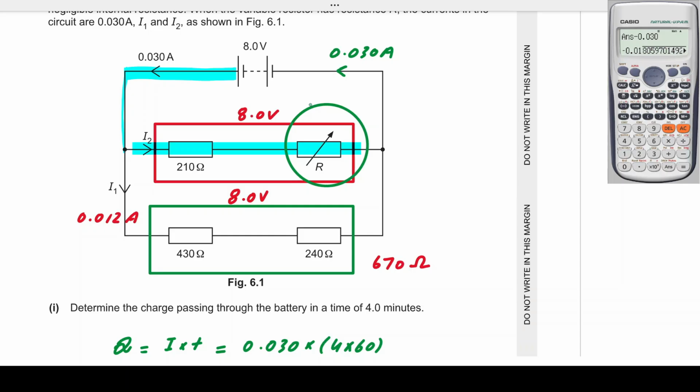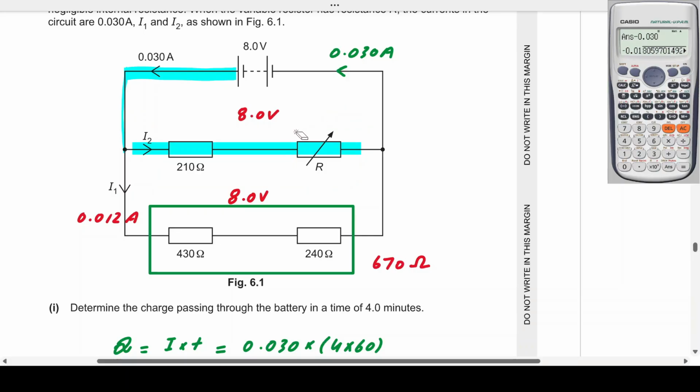For example, forget about everything else. Just consider the middle branch, nothing else, only the middle branch.